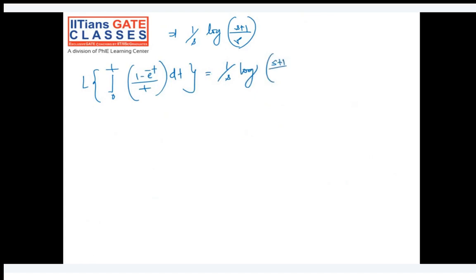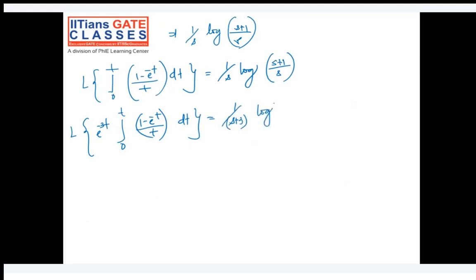But what is the question? In the question, we are supposed to find the Laplace transform of e to the power minus 3t, and this is now your f of t, right? Integration 0 to t (1 minus e to the power minus t) by t dt is equal to, you replace s by s plus 3. So it will be 1 divided by s plus 3 log of (s plus 3 plus 1) divided by s plus 3.